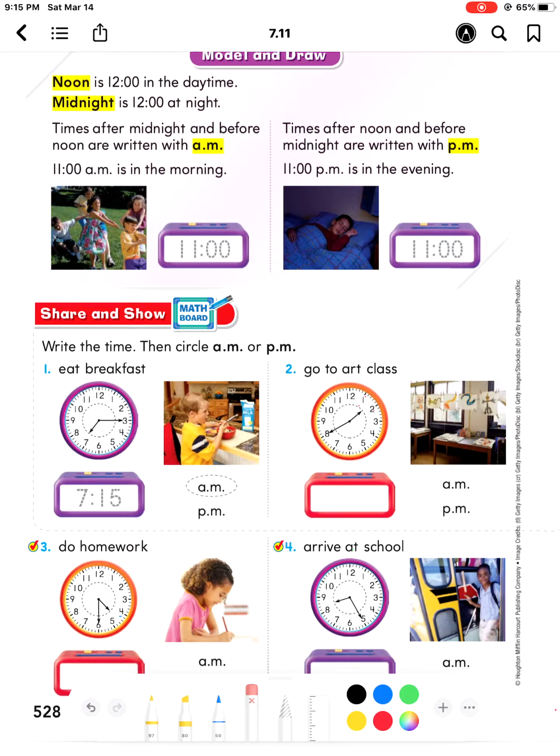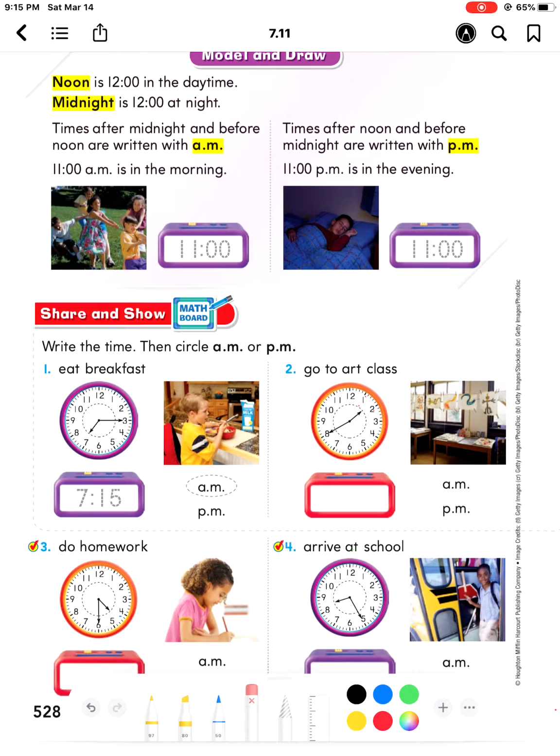After I explained for you using the timeline, the AM and PM idea, now we need to solve your classwork together. So open your book, page 528, model and draw. Now we have noon is 12 in the daytime, as I explained it in the previous video.